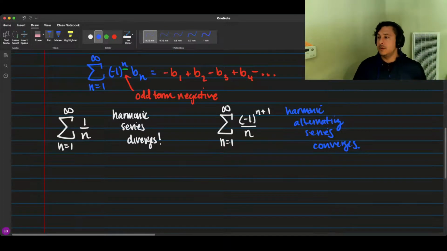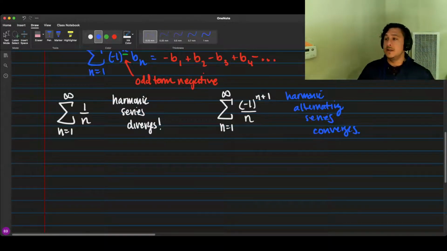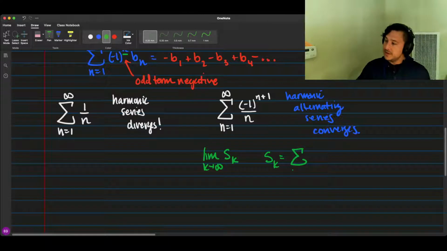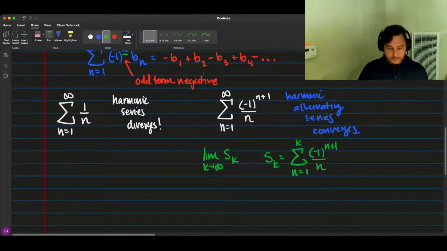The way we need to figure this out is, remember, you determine convergence by looking at the limit of the partial series. So let's come up with our formula for the partial series. Our S_k is the sum from n equals 1 to k of (-1)^(n+1) over n.